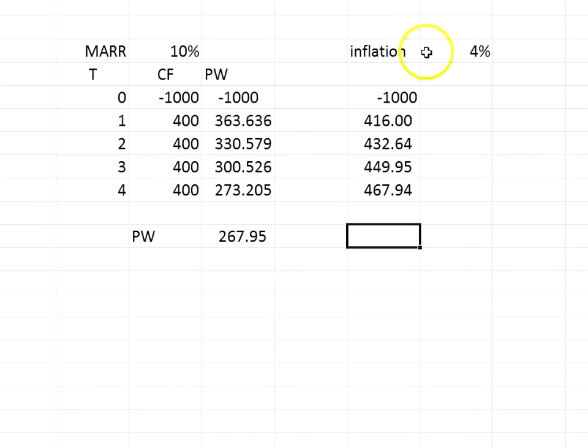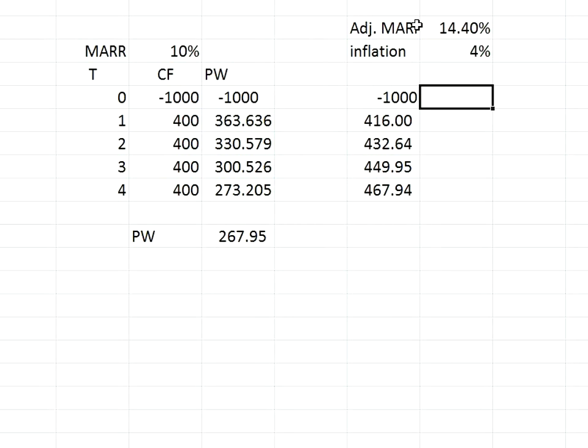So now what we need to do is the adjusted minimum attractive rate of return, adjusted for inflation, is, we said, 14.4%. And we're going to use that to compute the present worth just like we did before. These were the cash flows. This is going to be the present worth with adjusted minimum attractive rate of return.